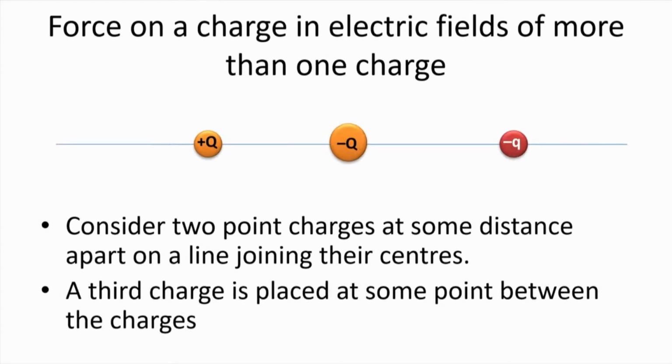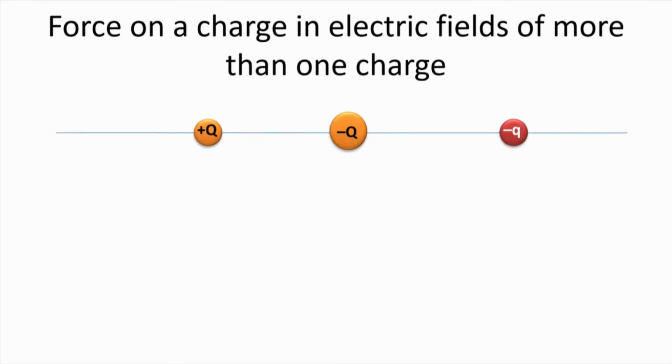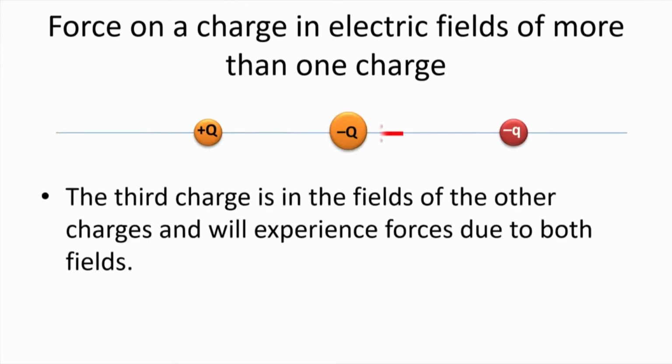A third charge is placed at some point between the charges. So we place a third charge, negative capital Q, between those two charges. What happens is that the third charge is in the fields of the other two charges and will experience forces due to both fields, all right?